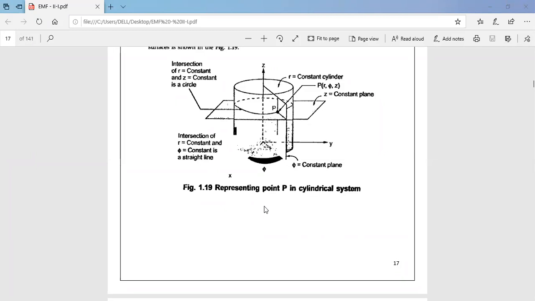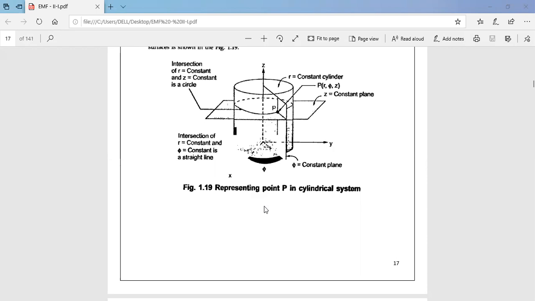Say Q is R to the third, phi over Z. What is the total charge?